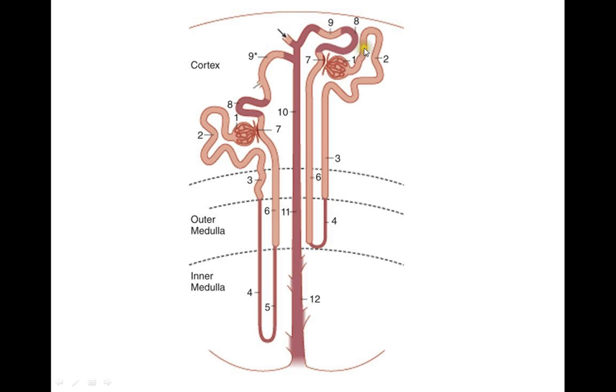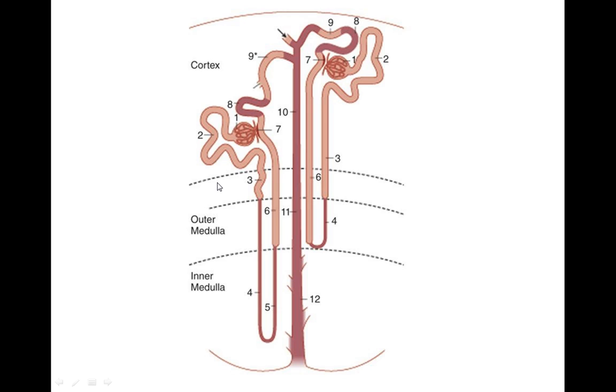So we can call this nephron a superficial cortical nephron and this one a juxtamedullary nephron. Juxta means near to. Juxtamedullary means near to medulla.